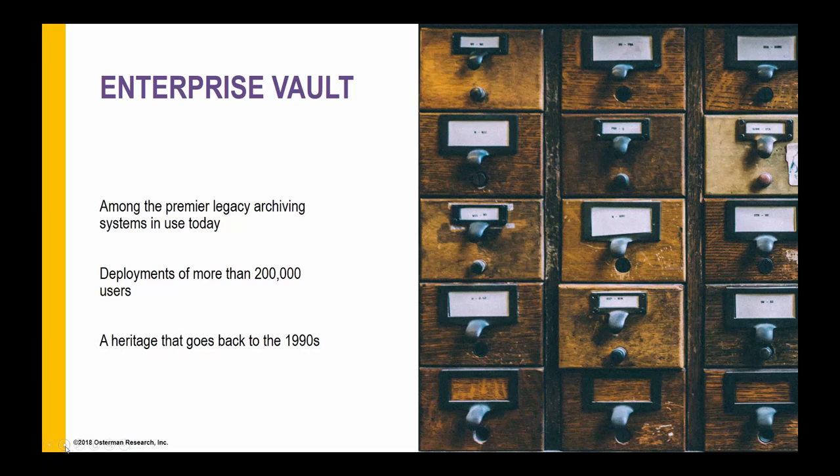It's a very solid platform, and it does a good job at archiving. There are some deficiencies in it that we won't get into here today, such as in terms of search performance and so forth. But certainly it is a very solid platform, and it's in use by literally tens of thousands of customers around the world. Next slide, please.